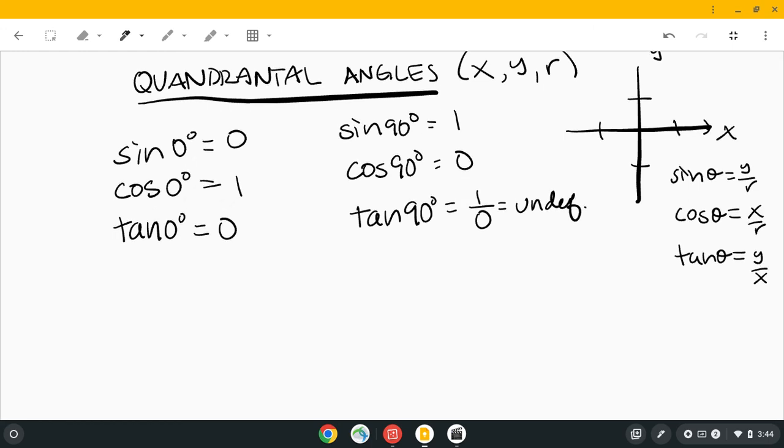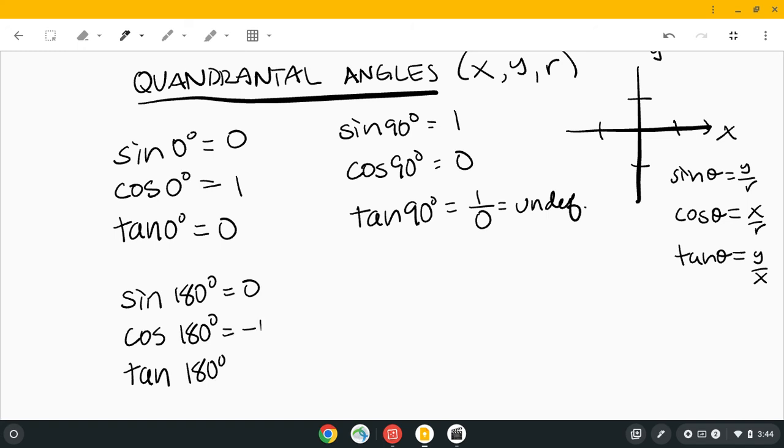All right, and then now let's move to 180. The quadrantal angles are 0, 90, 180, 270, and 360, which is the same as 0. So let's do sine of 180, cosine 180, and tangent of 180. Again, sine are the y values. The y values here are 0. Cosine are the x values. The x value here is -1.